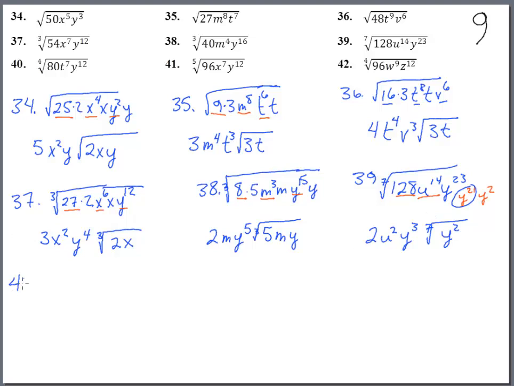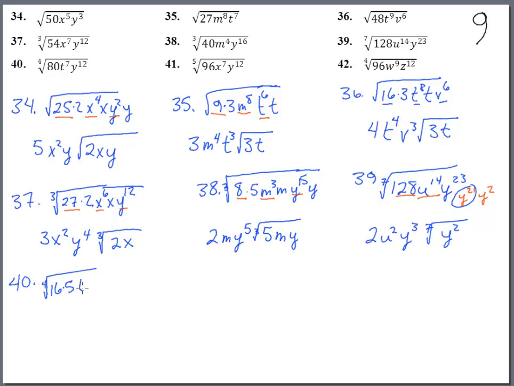Number 40. Fourth root. Let me see, is there a perfect fourth in 80? What are the perfect fourths? We have 1, 16 is 2 to the fourth, 3 to the fourth is 81. Ooh, that's already bigger than 80. So 16 goes into that 5 times, so 16 times 5.